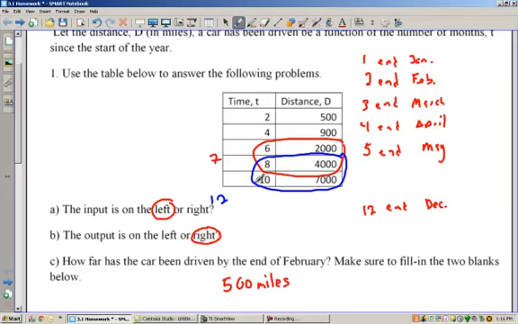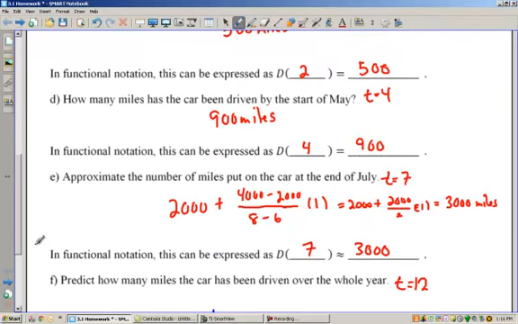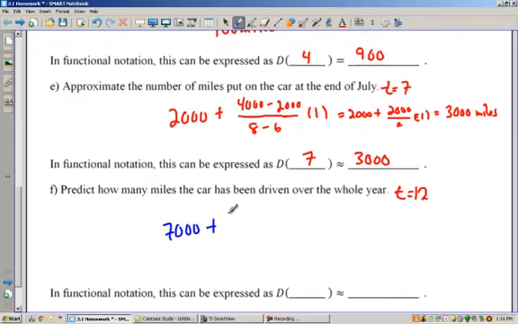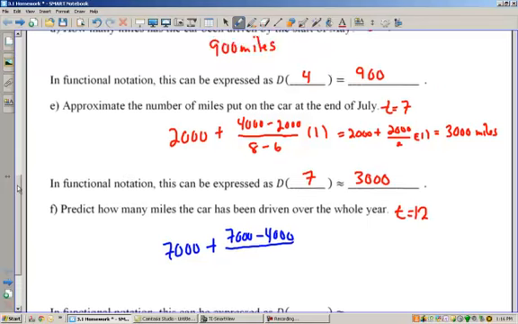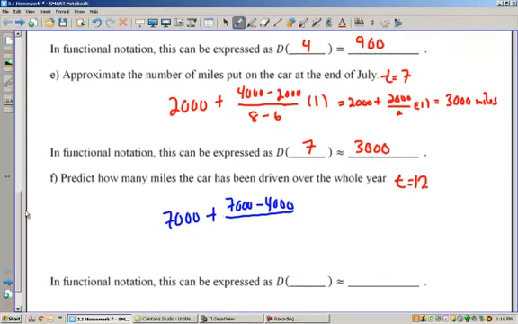So take 7,000 minus 4,000, the change in the output, over the change in the input, which is 10 minus 8.